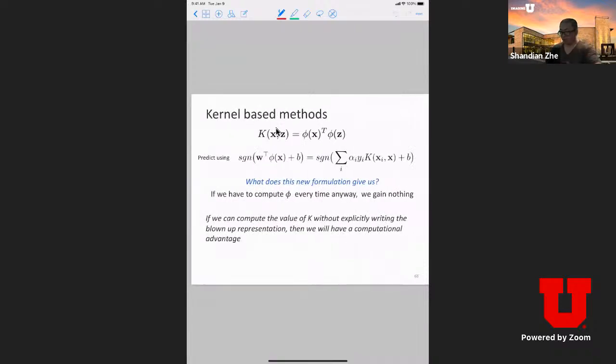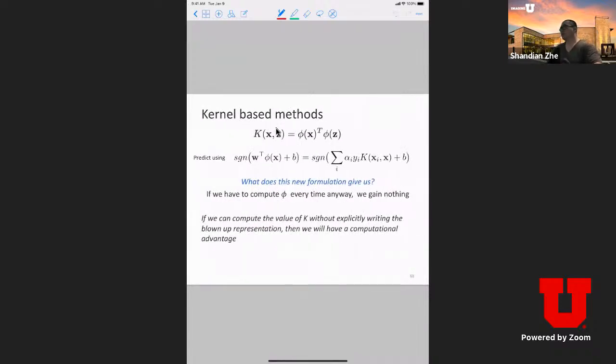But the challenge is that you'll find later, if we want to really improve the generalizability of our linear classifiers, you need to choose a really high dimensional feature mapping. Like suppose it is 1 million dimensional. Suppose your original feature space, your input, is only 10 dimensional right now.